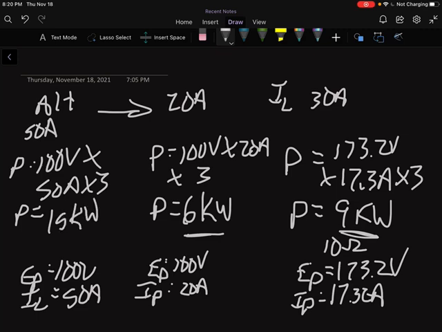So if you use your values at the alternator, at load 1, and at load 2, and you've calculated them all individually and then calculate your powers after that, you can go back and check all your answers. If the values don't add up like that, it means you've made a mistake somewhere. But if they do, you are likely in the right direction.